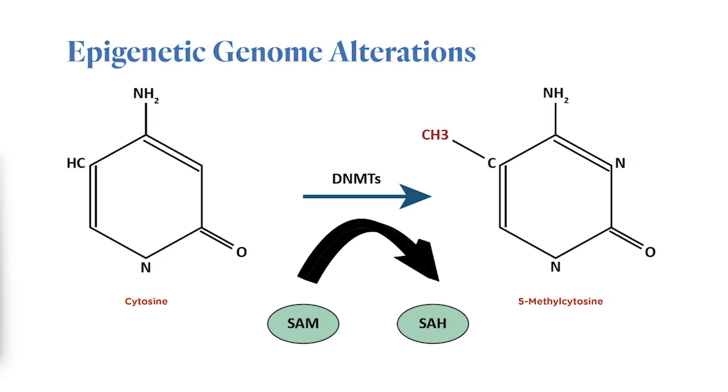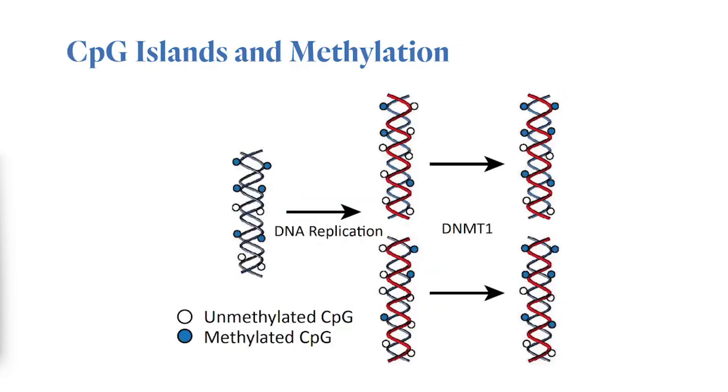Usually, the cytosine precedes a guanine base, which is why these methylatable DNA sequences are also called CpG islands. Methylation of CpG islands is usually associated with gene silencing, that is, the inactivation of the affected genes. CpG islands are predominantly located in non-coding regions, such as gene promoter regions, telomeres, or centromeres.